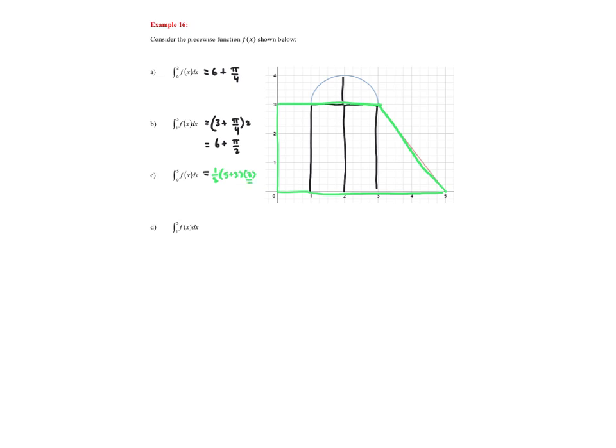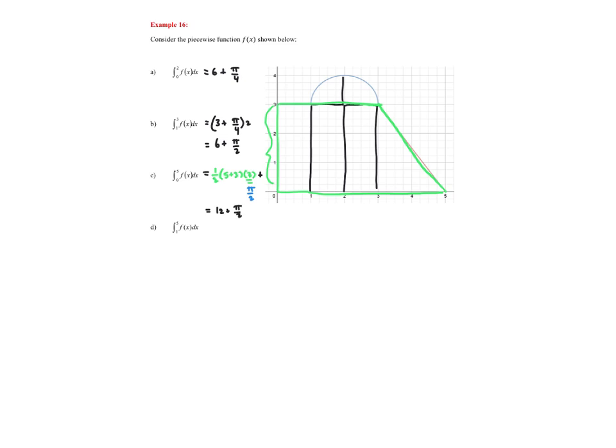So this height 3 is this height here. Okay, and then I'm going to add to it a half circle with a radius of 1, so that'll be plus pi over 2. Therefore, the integral from 0 to 5 of f of x will be 12 plus pi over 2.